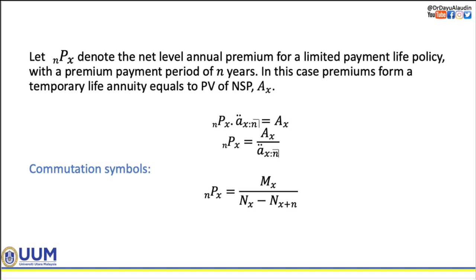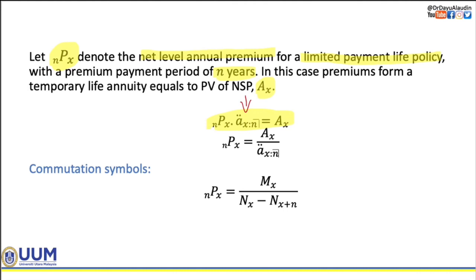For nPx, the net level premium for a limited payment life policy with a premium payment period of n years, the premium is temporary, but for whole life insurance. Same as the equation for the previous one, we still use nPx times the annuity equal to Ax. However, we have to use temporary annuity due for n years.